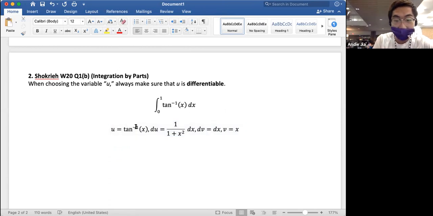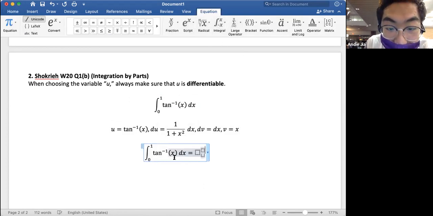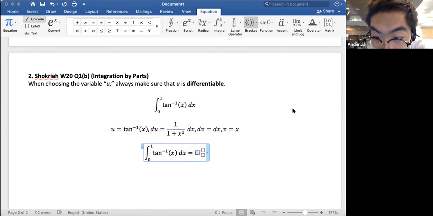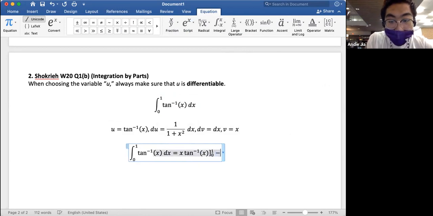We have x times arctangent of x, from 0 to 1, minus the integral of v du, which is x over 1 plus x squared dx.